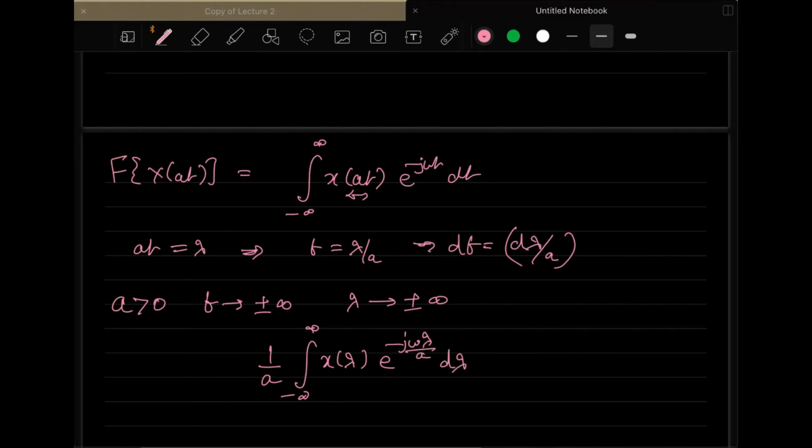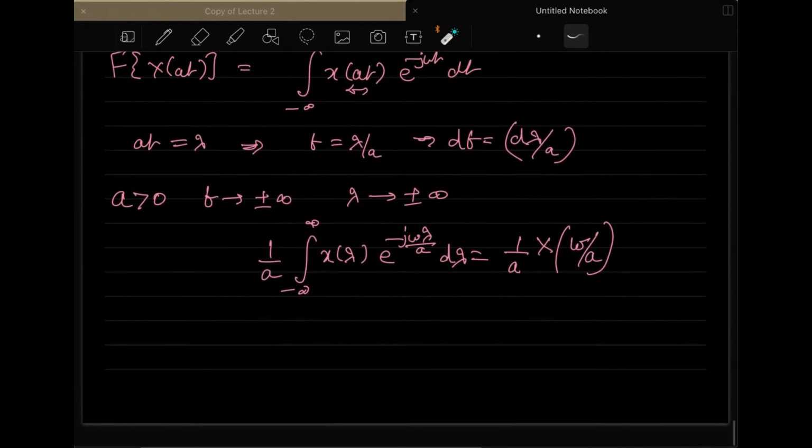The answer will be the Fourier transform evaluated at omega by a, because you have this factor of omega by a in the exponential. But this is for the first case.